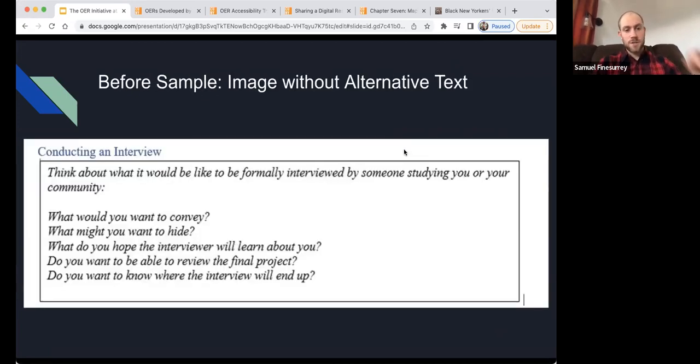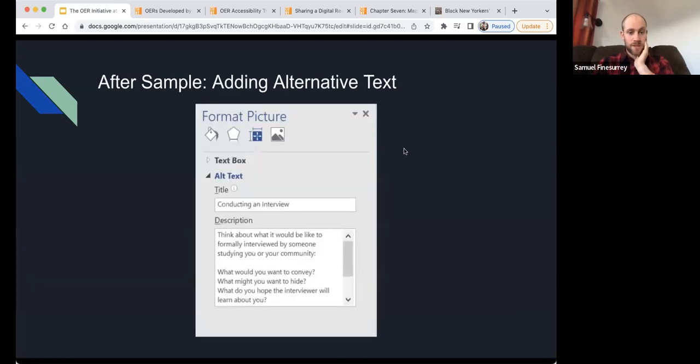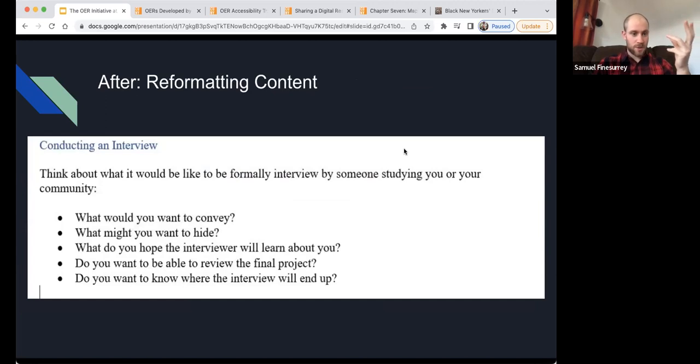So what is on the screen here again is just a before sample of a chapter that was written for the Ethnography of Work textbook. After putting it through, there was a requirement to add alternative text and then remove a box. Lauren helped us think about why that was useful, and we did that, reformatting the content.